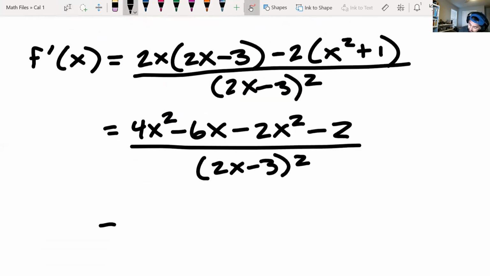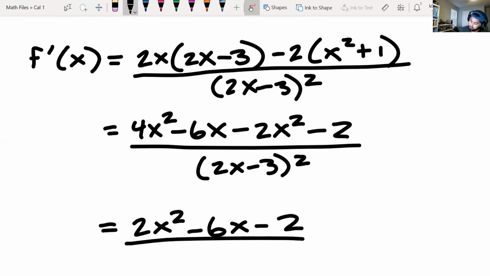And then final cleanup, 4x squared minus 2x squared. We have 2x squared minus 6x minus 2 over 2x minus 3 squared.